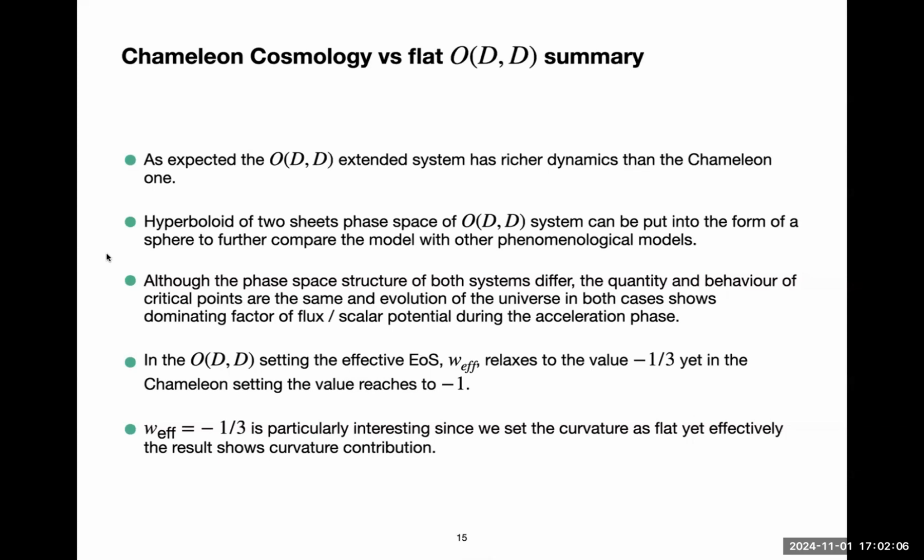And also the evolution of the universe in both cases shows the dominating factor during the acceleration phase, and their attractor points correspond to the flux in the ODD setting and the scalar potential in the chameleon setting.